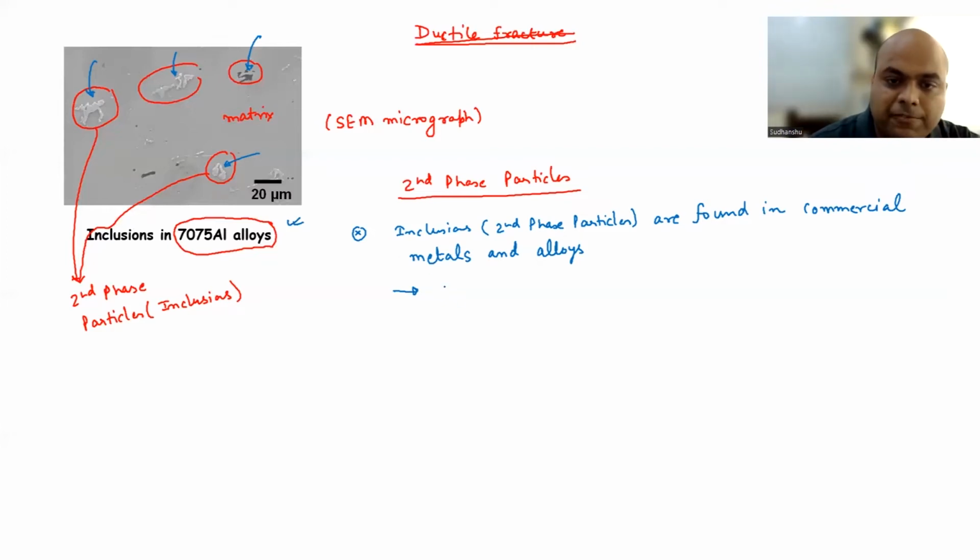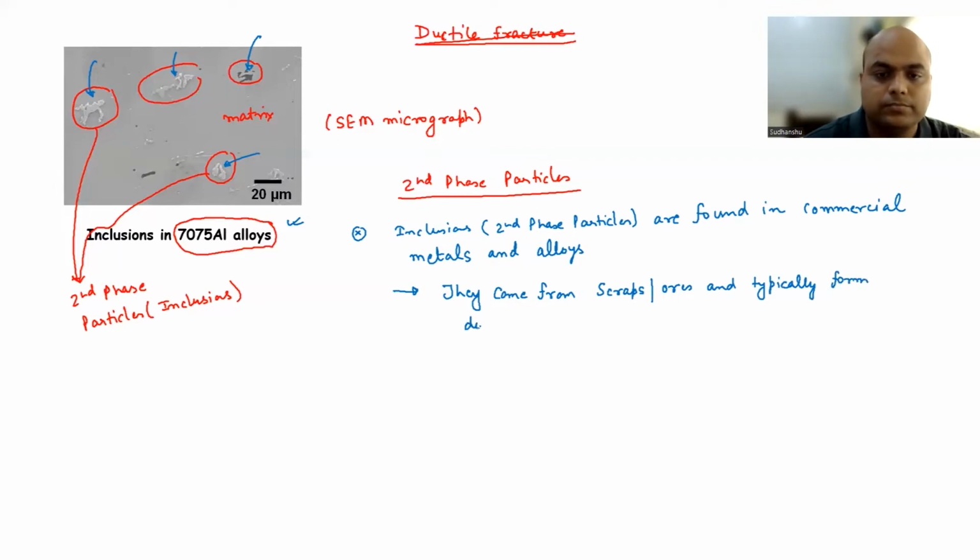They come from scraps or ores and typically form during casting.